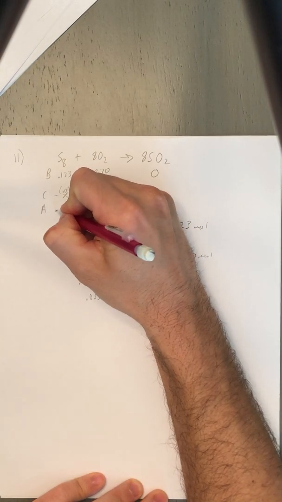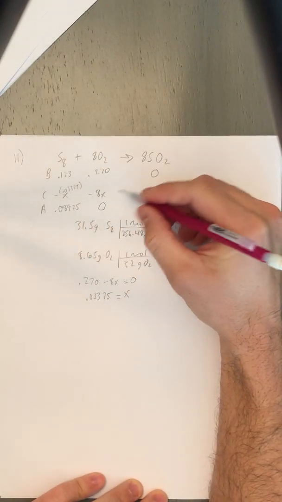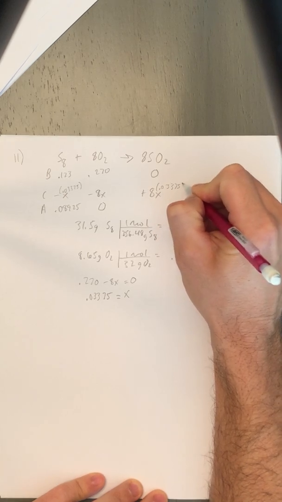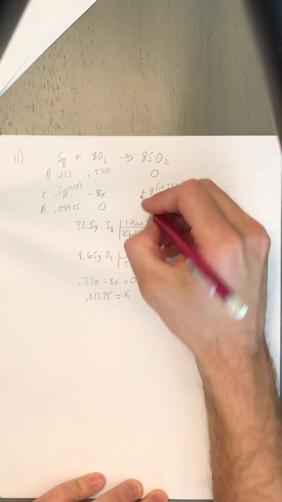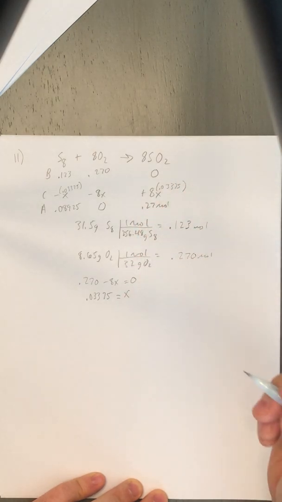And we do, we get 0.08925. That means we picked the right one to go to 0, so let's plug this in over here. And we should end up right here with 0.27 moles. And the question said, well, how many grams?